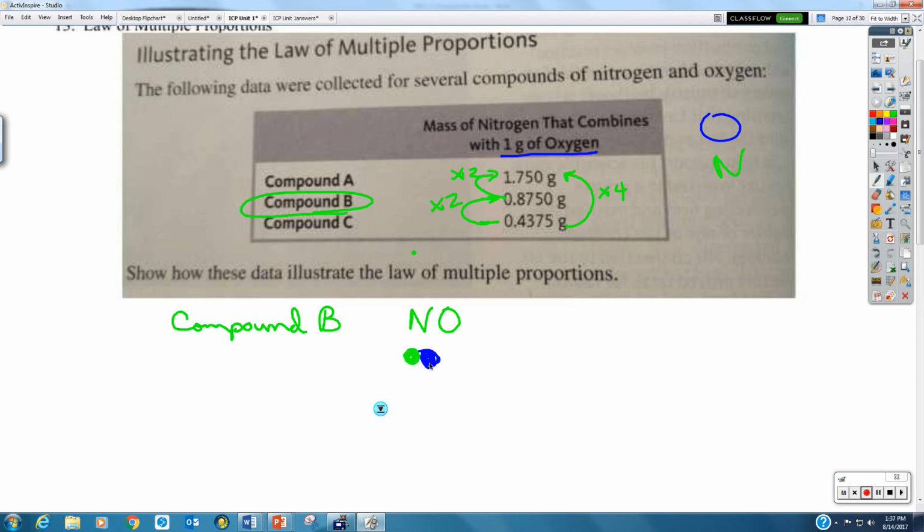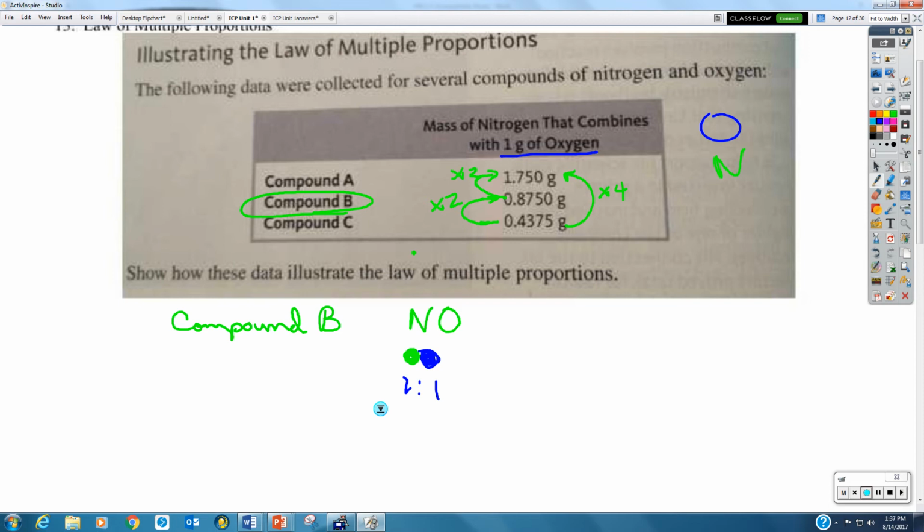If compound B is 1 to 1, what would compound C be? We have to have half as many nitrogens, so we can't have a half of a nitrogen. What do we have to do to oxygen?